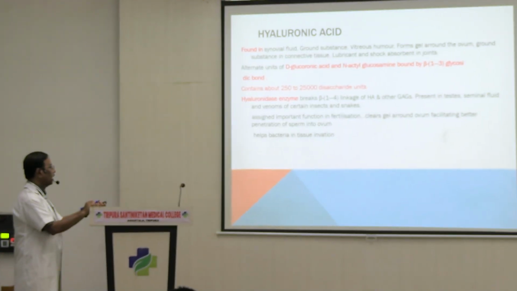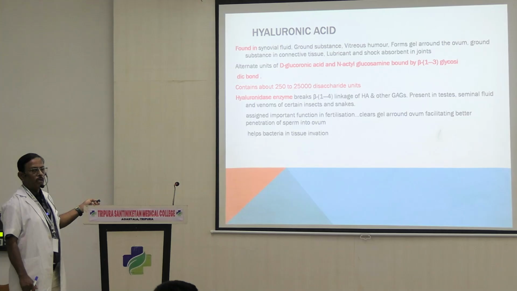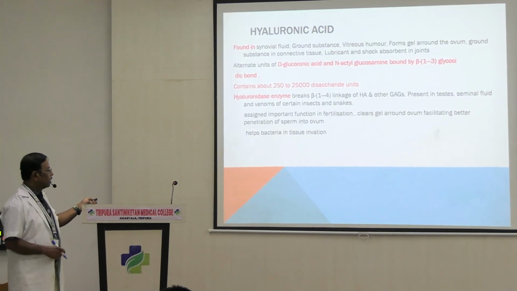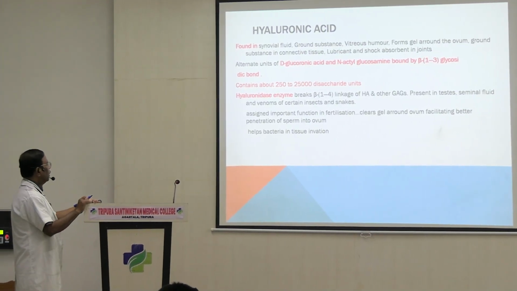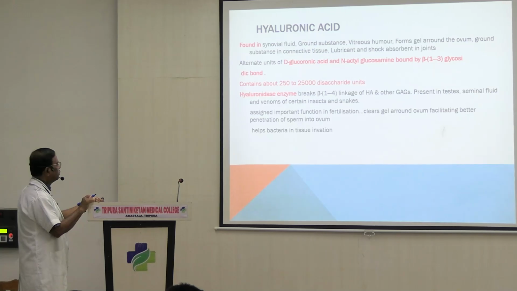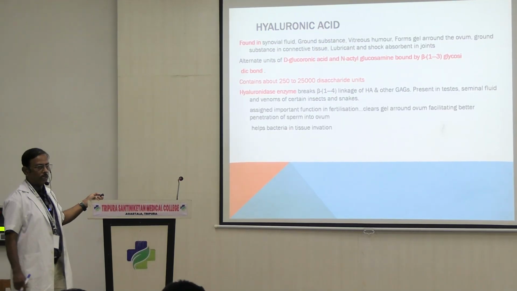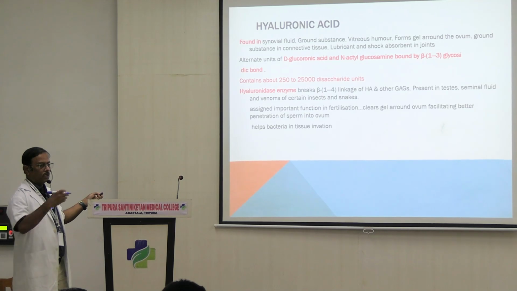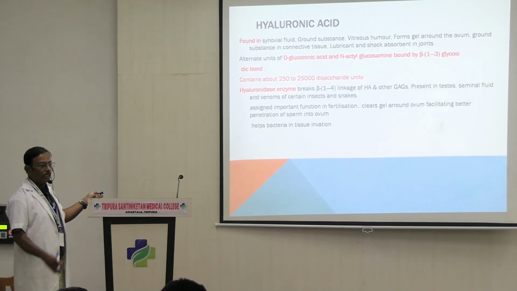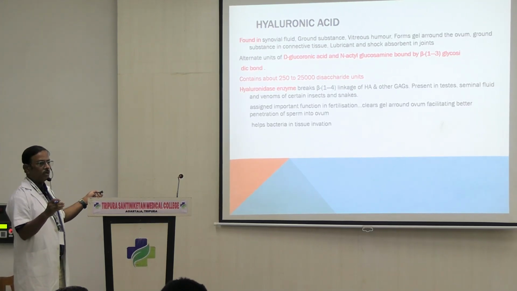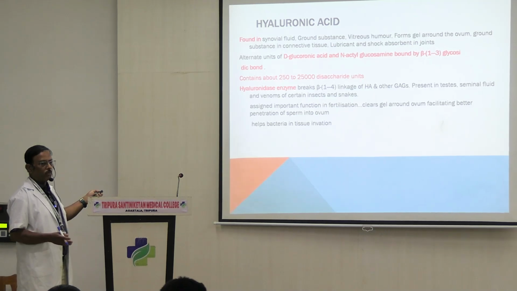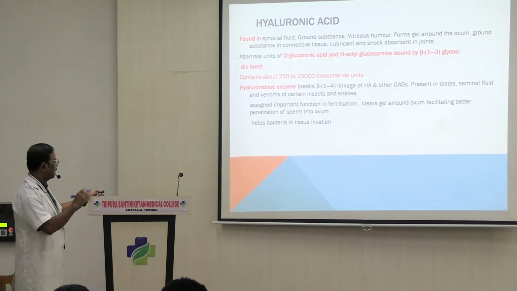That's why there is bleeding after a snake bite. It also helps bacterial invasion of the tissue, because bacteria release hyaluronidase enzyme, and there is easy dissolution of the extracellular matrix, and the bacteria can go inside.